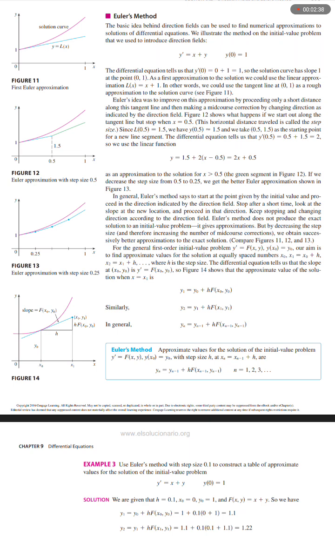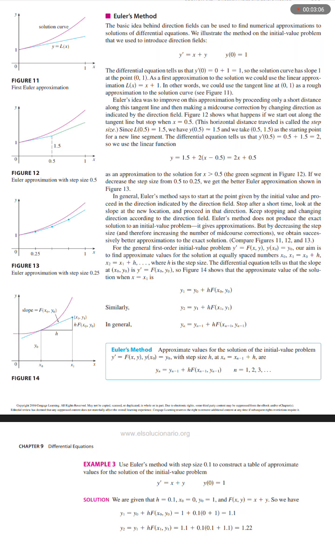Back to the text. The differential equation tells us that y'(0.5) = 0.5 + 1.5 = 2, so we use the linear function y = 1.5 + 2(x − 0.5) = 2x + 0.5 as an approximation to the solution for x greater than 0.5.